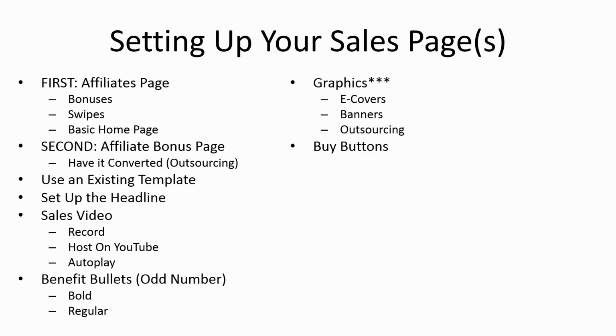The reason is because of the tracking and the affiliates. If you're launching in JVZoo or Warrior Plus, get their buttons. And here's the reason why. If I'm your affiliate and I send traffic and you're making sales, and because you decided you wanted to use a fancy buy button, I don't get credit for the sale, I'm going to have a problem.